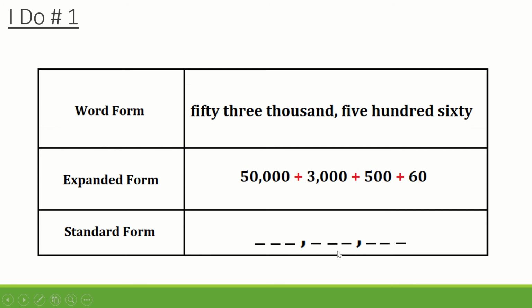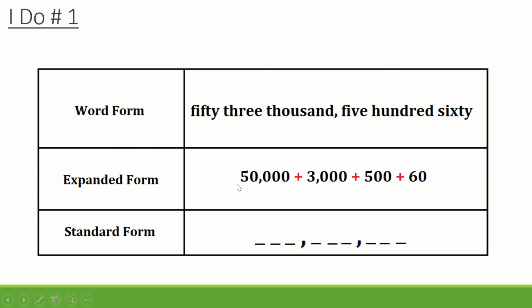Here we have our thousands period. And here we have our millions period. Once we have done that, we can begin to identify where we should place the digits that are given to us in word form and expanded form.